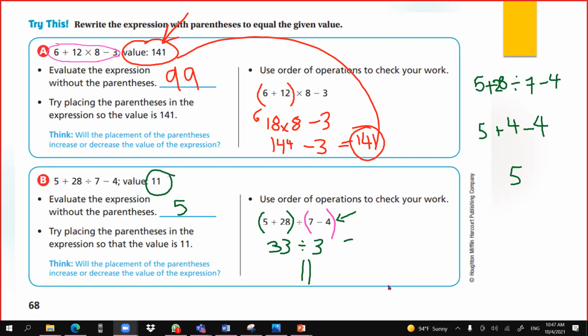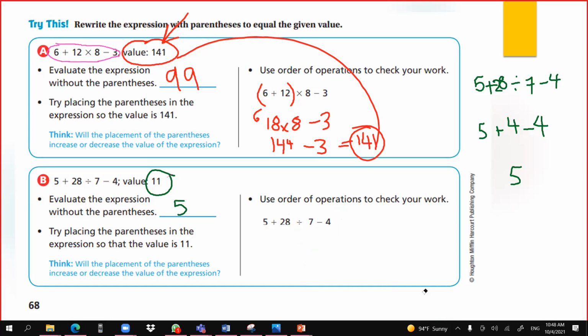Is there any question first? Okay, here what do we have? 5 plus 28 divided by 7 minus 4.